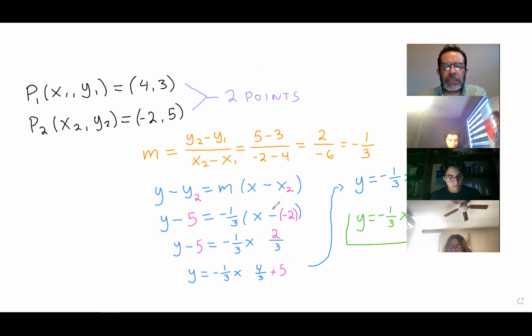So minus times minus is plus, times minus is negative. And so the 2/3 that we have here is negative. This is also going to be 2/3, and it's going to be negative. The minus 5 goes to the other side as plus 5.